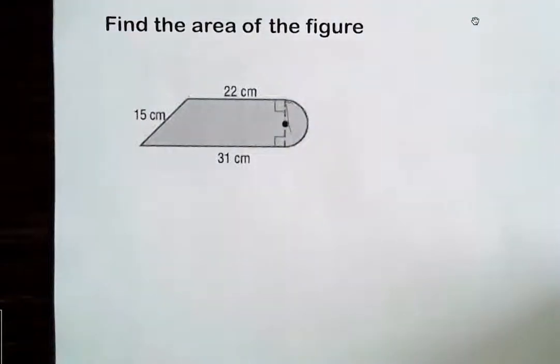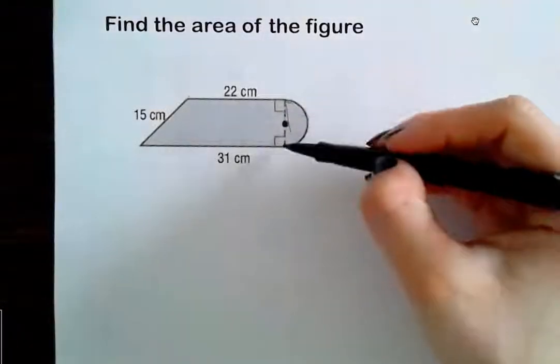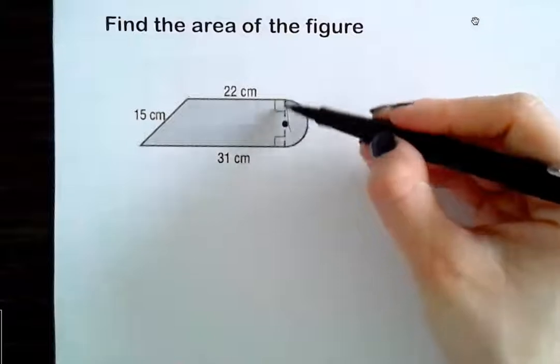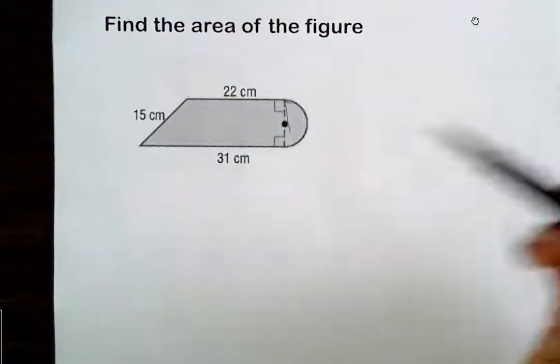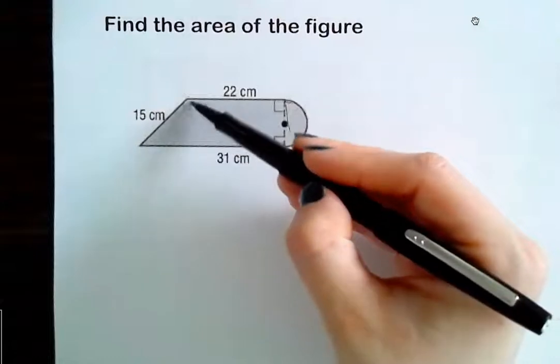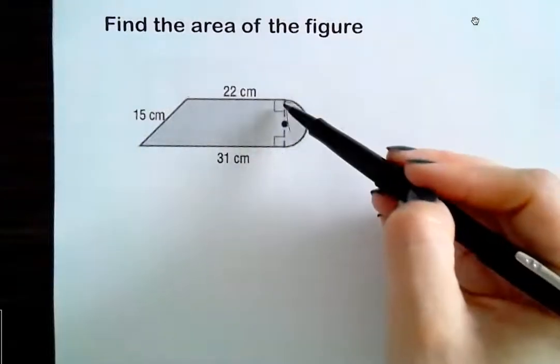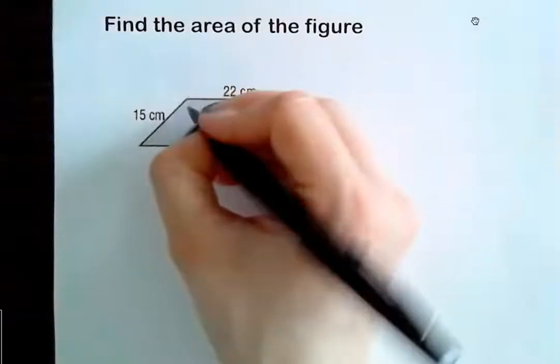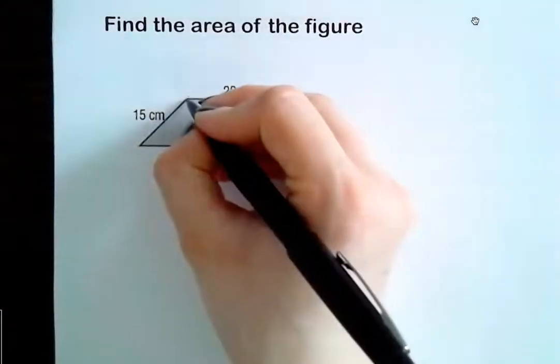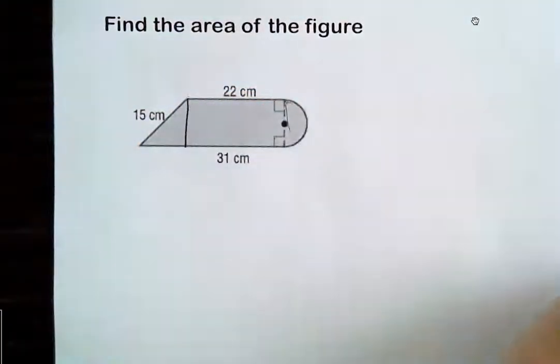The problem with my semicircle is I don't know what my radius or diameter is here, so that's not helpful. Similarly, my trapezoid, we don't know our height. The good news is, if we find it for one, it's the same in both. So our job is to find this height of our trapezoid.